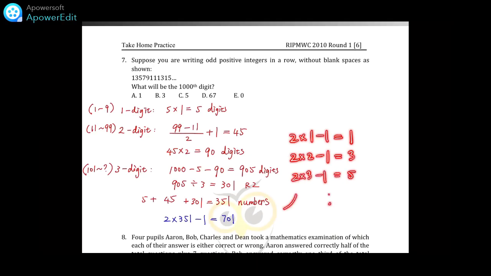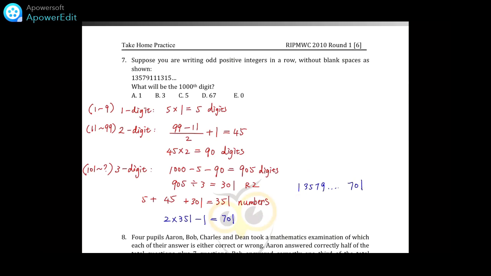So it's all the way until 351 odd numbers, so it's 701. Now if we list down these numbers, we have 1, 3, 5, 7, 9, all the way to 701. And we have a remainder of 2. So these are the next 2 digits from the number 703. The digit is 0. So the answer is E.